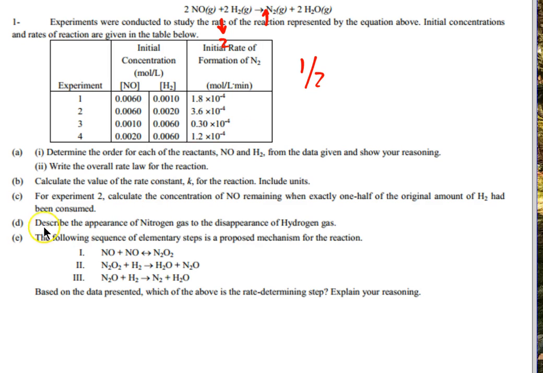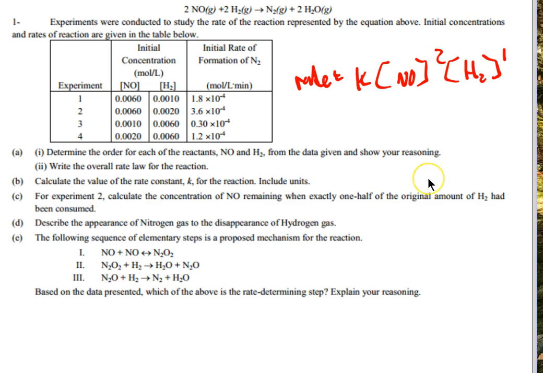All right. Now, E. E's nice. A little bit ago we said the rate was equal to K. Is it NO squared or H2 squared? And H2 to the first. All right. So it says the following sequence of elementary steps is a proposed mechanism for this reaction.